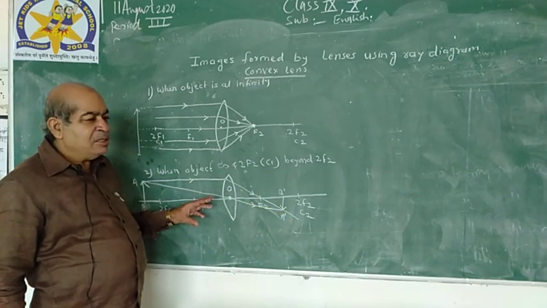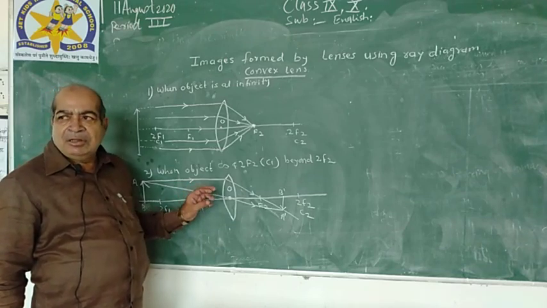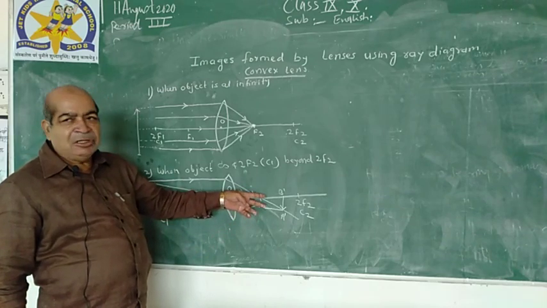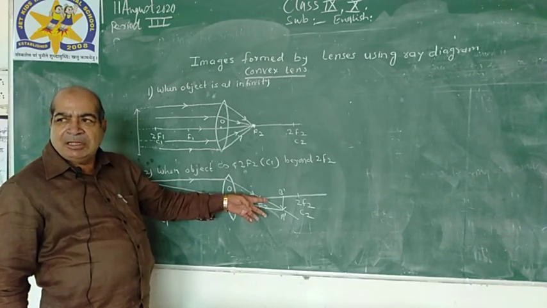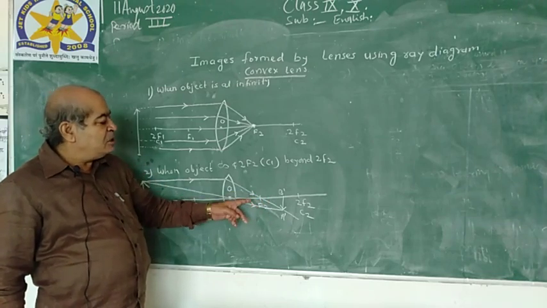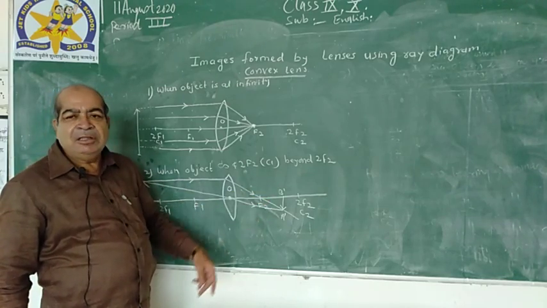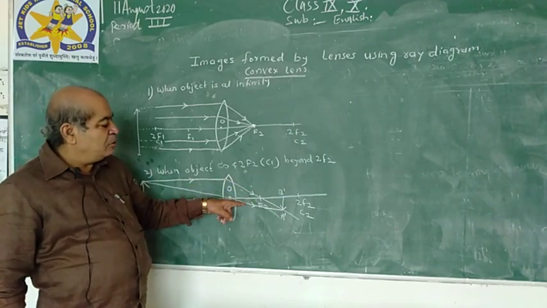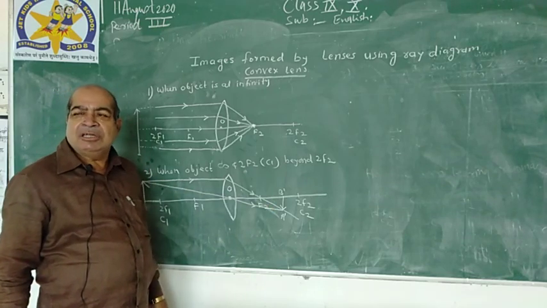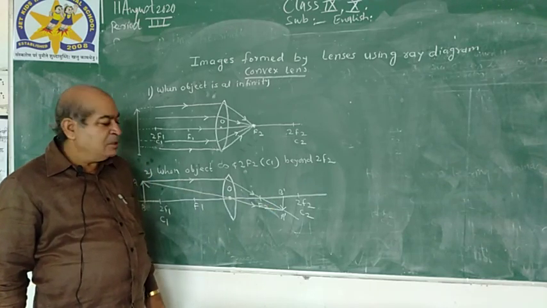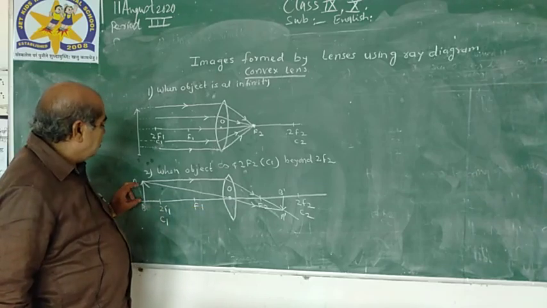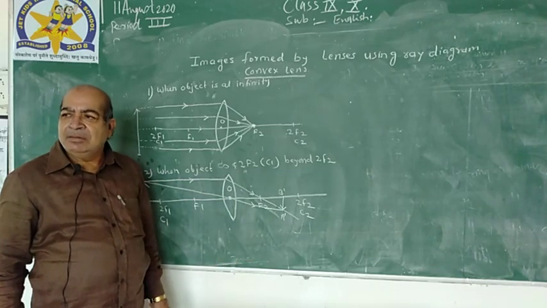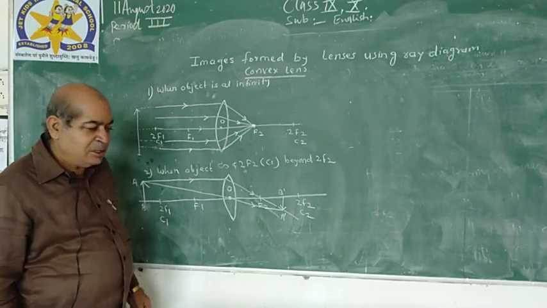The image is diminished, meaning it is small in size, and it is between F2 and twice F2. Since the image is formed due to the actual intersection of the rays, the image is real, and the image is inverted. This is then the second position of the object.